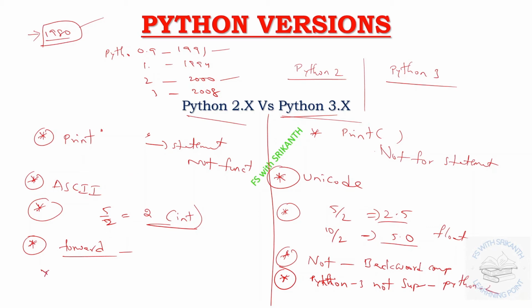One more: the Python variables. In Python 2, variables are fixed, the variable cannot be modified. Suppose you declare one variable at global level, that variable is never passed in between the loops or blocks, it never forwards that variable to block level.